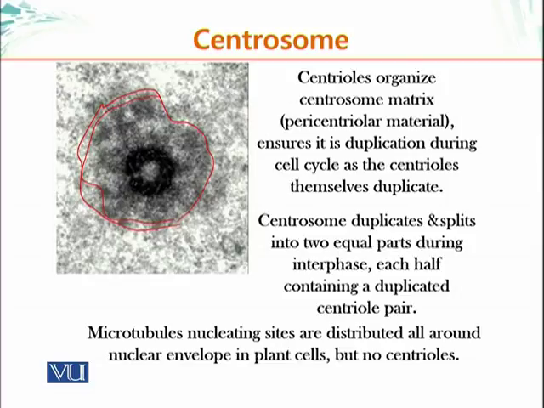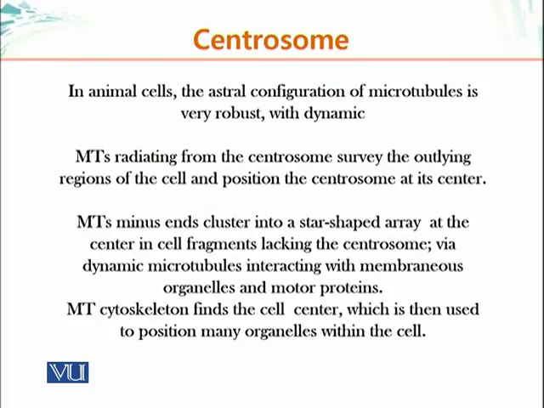In plants, we don't have a centrosome, or they don't have the centrioles either, but they have microtubule nucleating sites distributed all around the nuclear envelope. So there's a difference as far as microtubule organizing center is concerned between plants and animals. In animals, the astral configuration of microtubules is very robust and dynamic.